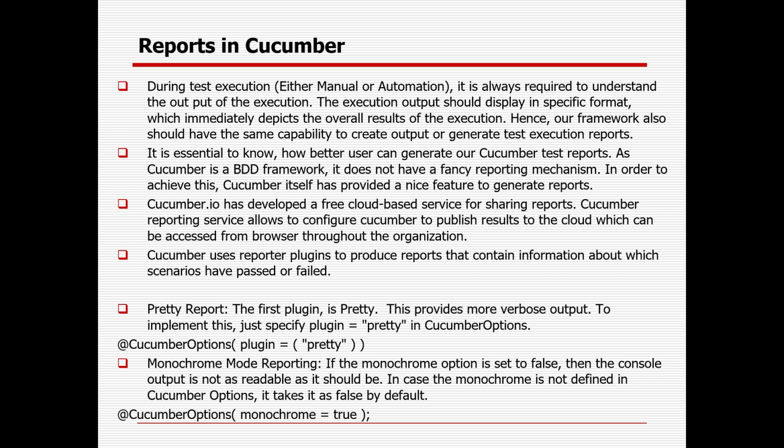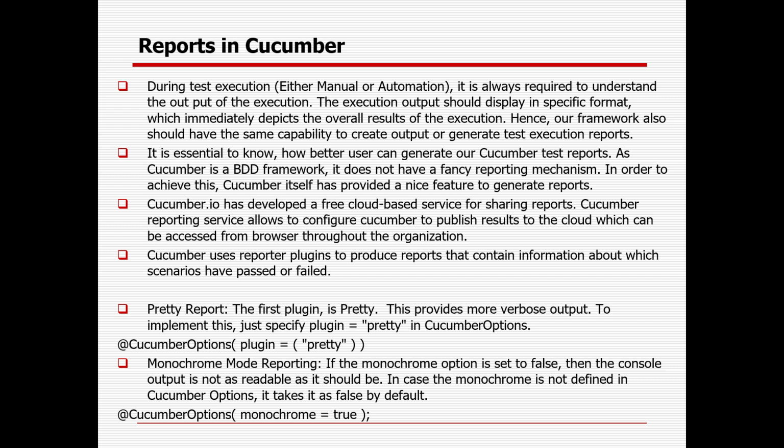During test execution, either manual or automation, it is always required to understand the output of the execution. The execution output should display in a specific format which immediately depicts the overall result. Hence, our framework should also have the capability to generate a test execution report.